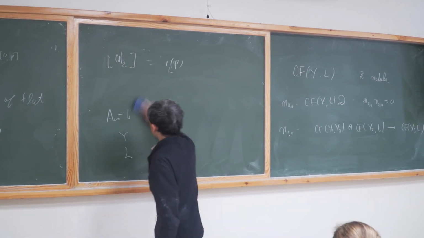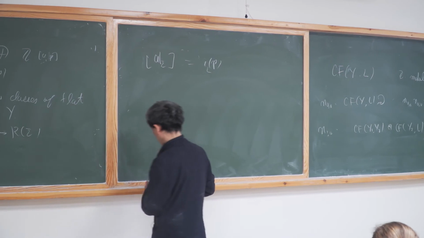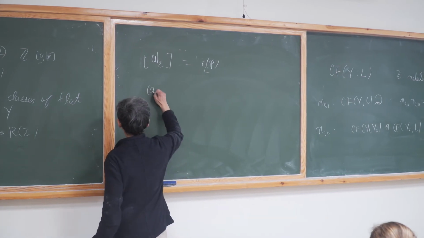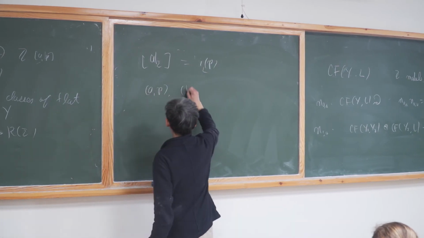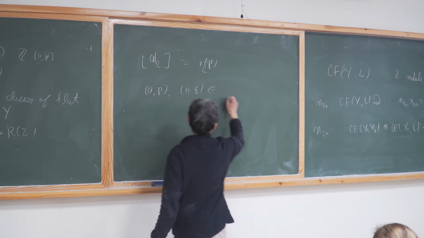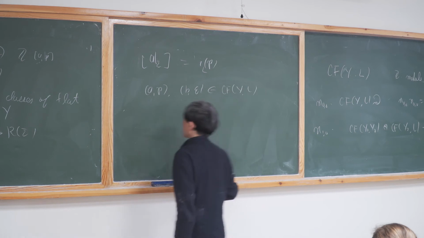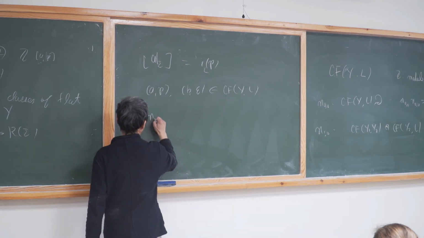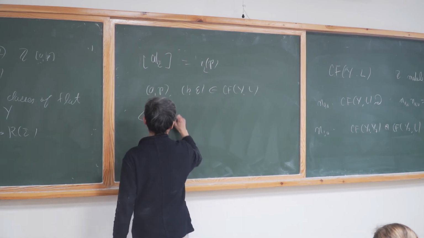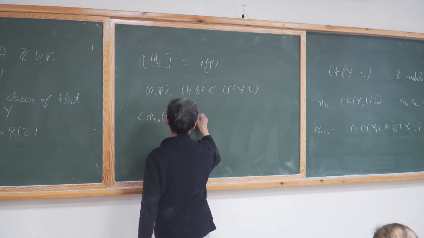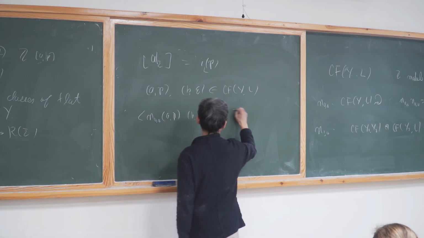So you have these two pairs, (A, P) and (B, Q), that are elements of the generators here. Then I want to define this N_00(AP, BQ), which should be an integer.